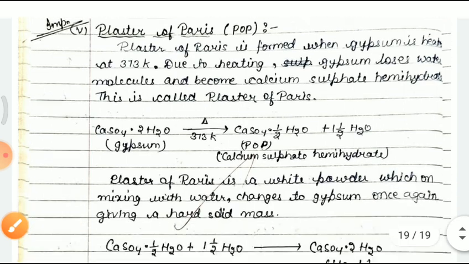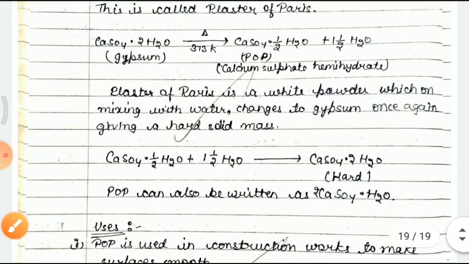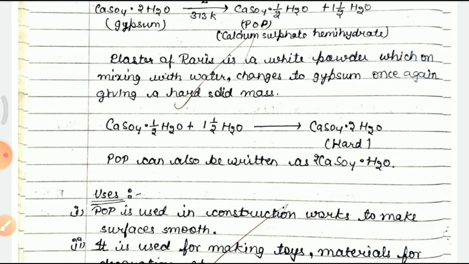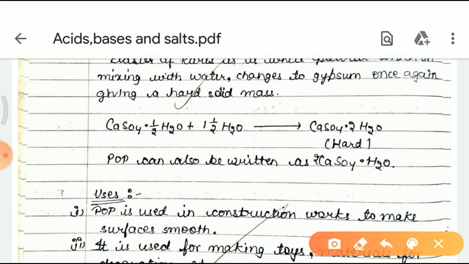This plaster of Paris has a unique property that whenever it comes in contact with water, it absorbs the 1.5 molecules and is again converted into gypsum, which is solid in nature, right? So as soon as plaster of Paris reacts with water, at that time it is again converted into gypsum, and this gypsum is very hard.